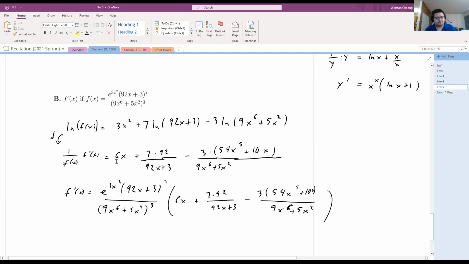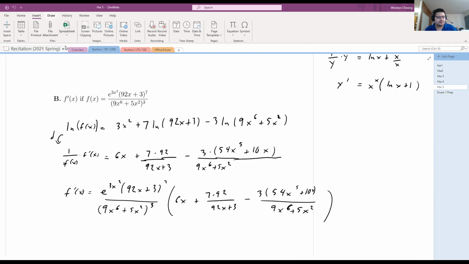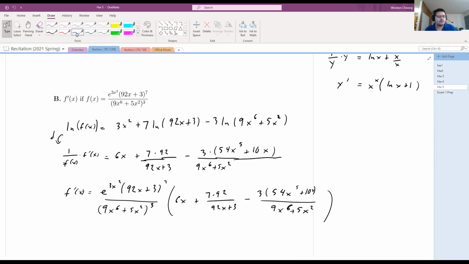Okay. But you agree with the left-hand side, right? That's pretty much something that I had told you about. And then I'm just taking derivatives for each of these. So notice the derivative of the natural log function is just going to be 1 over x.